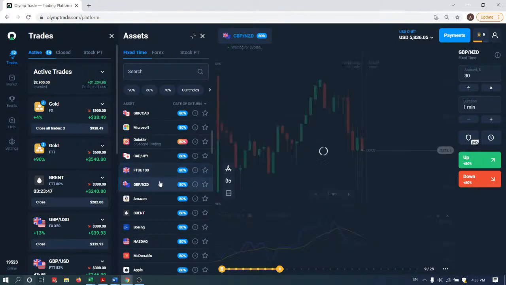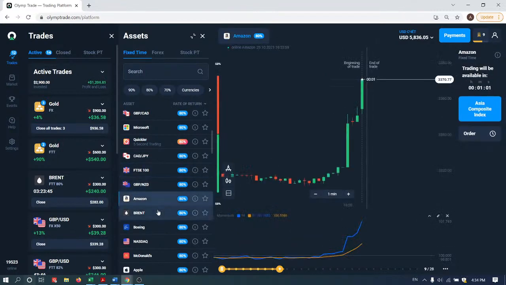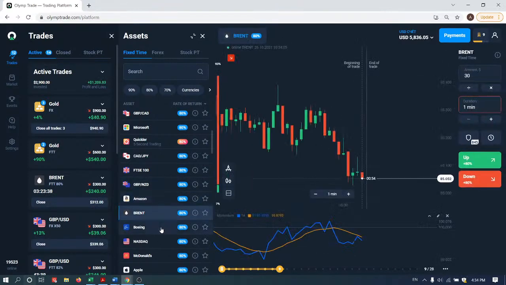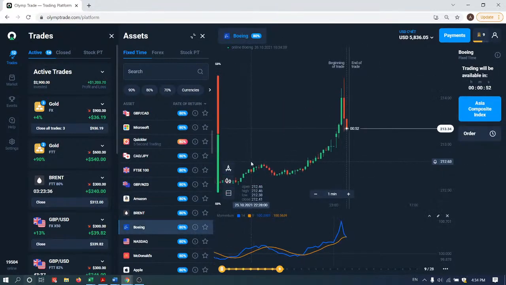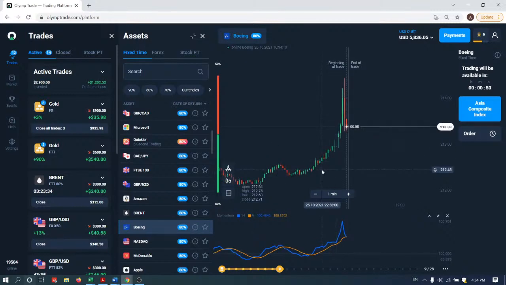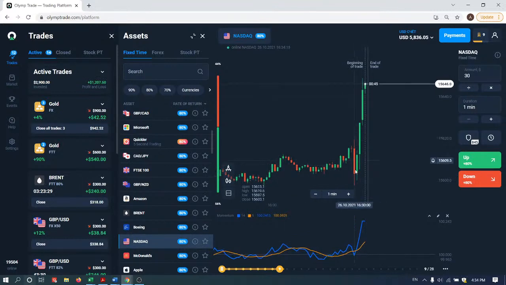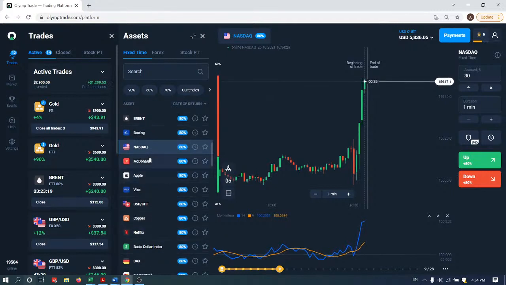So FTSE, GBP NZD, Amazon, wow, everything going up. Boeing, Nasdaq, oh wow, I was looking at it 2 or 3 minutes ago, and the price was here, and now we are 0.5% up on Nasdaq.